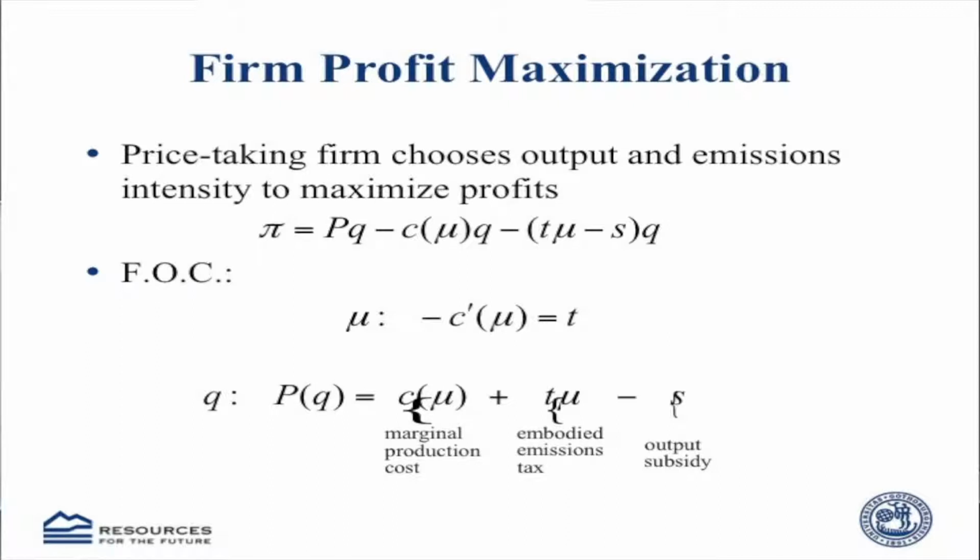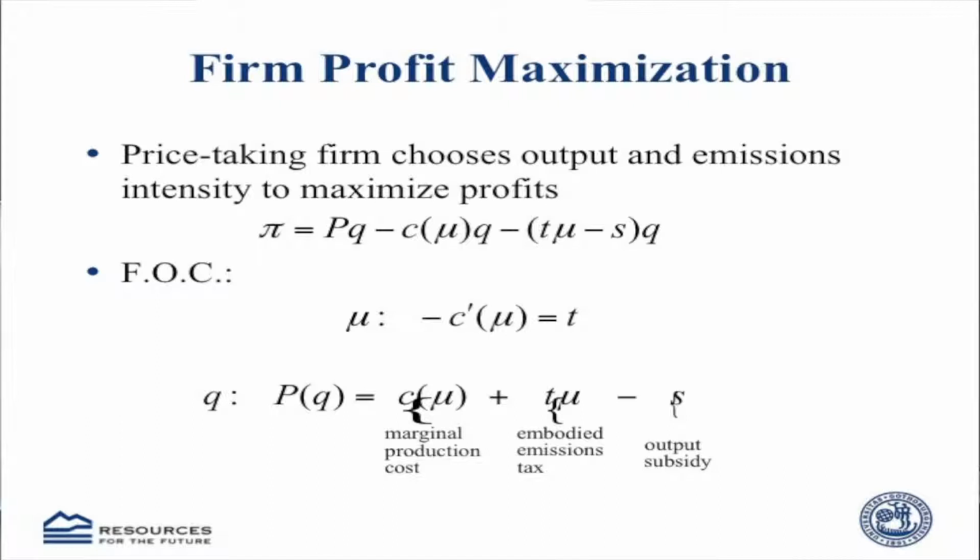So you still have to pay the same price on your emissions, T times your emissions rate, but now you get a subsidy per unit that you produce. So it actually turns into this: you will have a net tax if the value of your emissions intensity is greater than the subsidy, and you get a net payment if it's less.